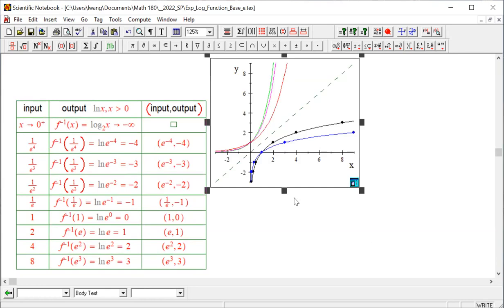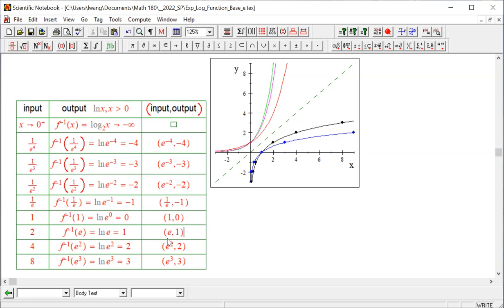I'm going to put points so you can see, for example, 1, 0. All three curves, log base 2, log base 3, and ln x, cross this x-intercept 1, 0.